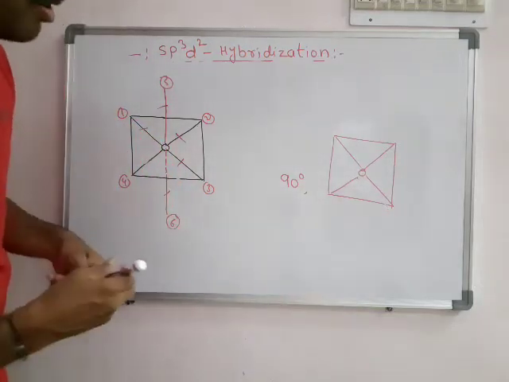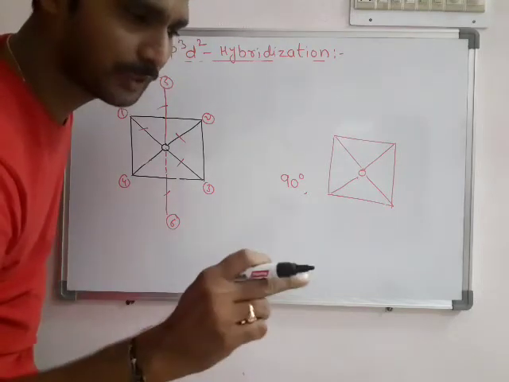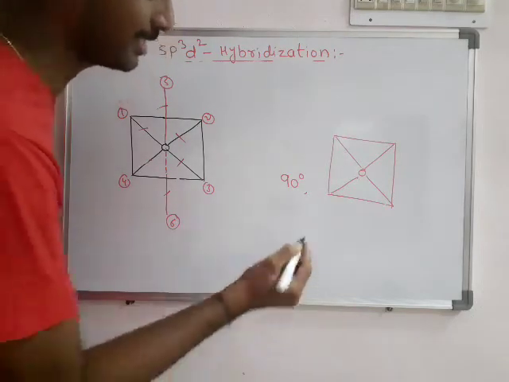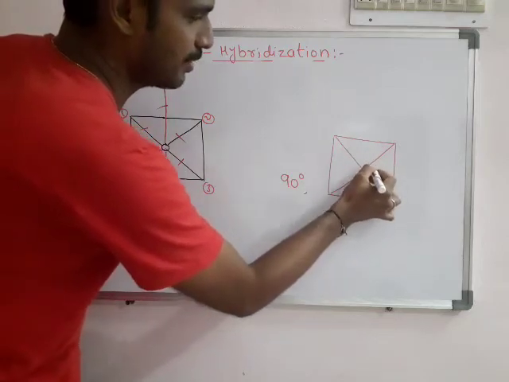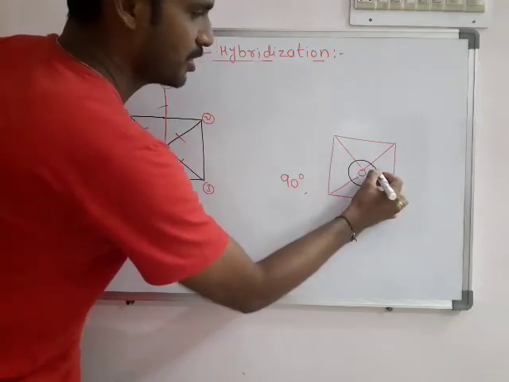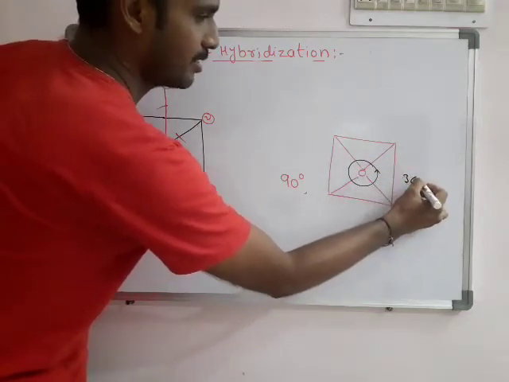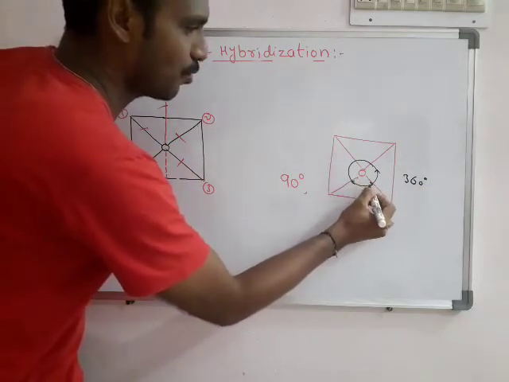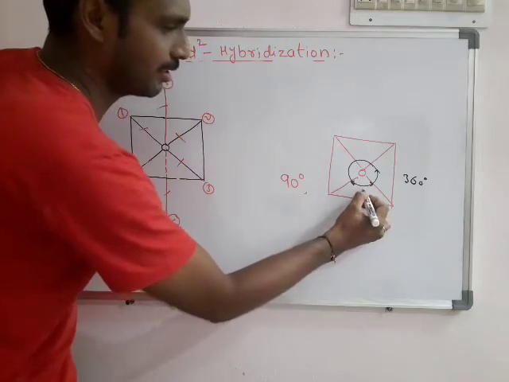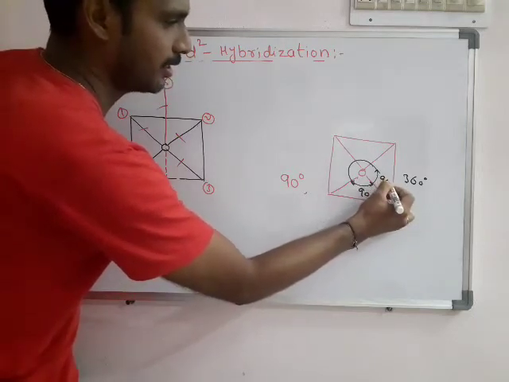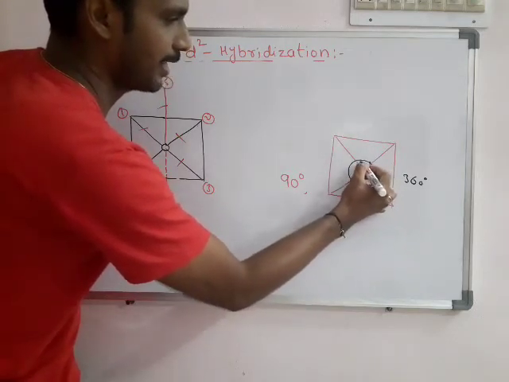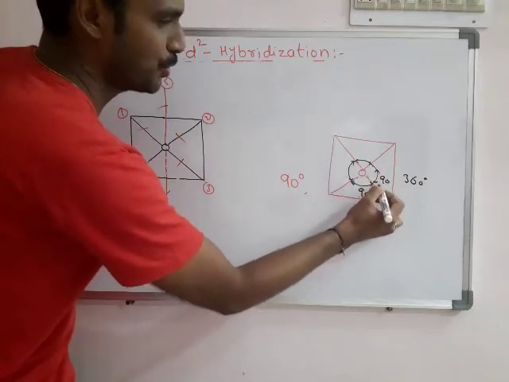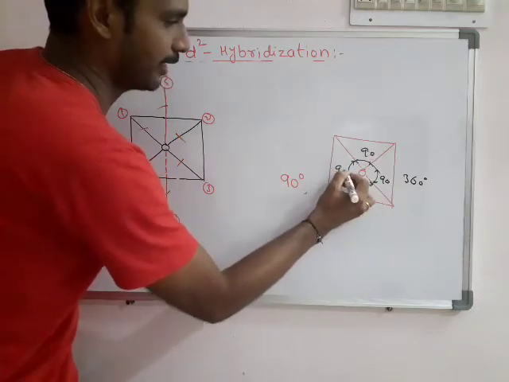In a triangle it is 120, 120, 120, total 360. But here 4 similar parts are there, and the total is 360. So what is the bond angle of each part? It is 90, 90, 90, 90.